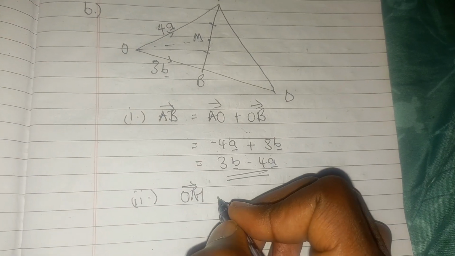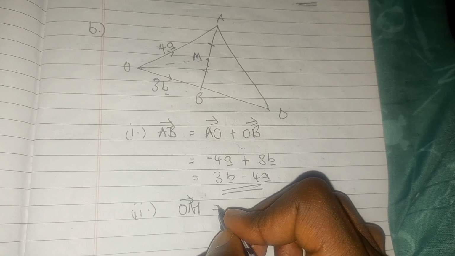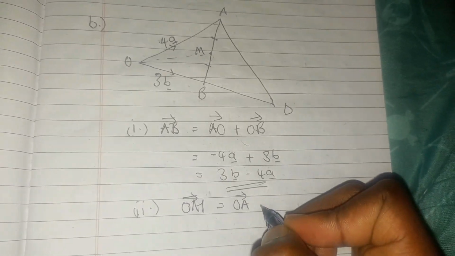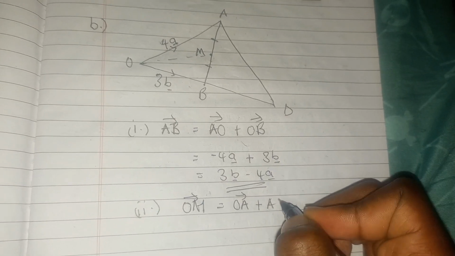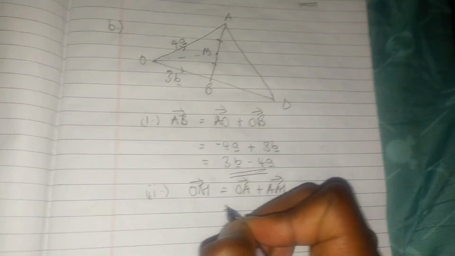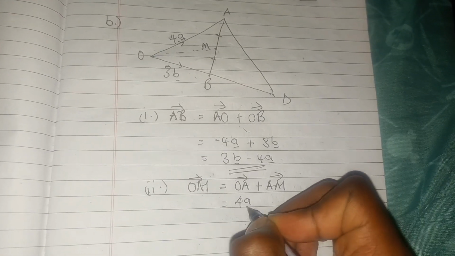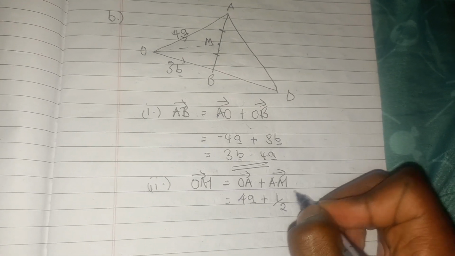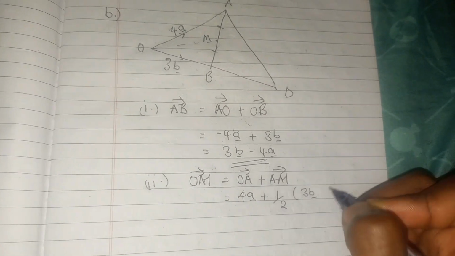So OM is equal to OA plus AM, which is 4A plus half of AB, which is 3B minus 4A.